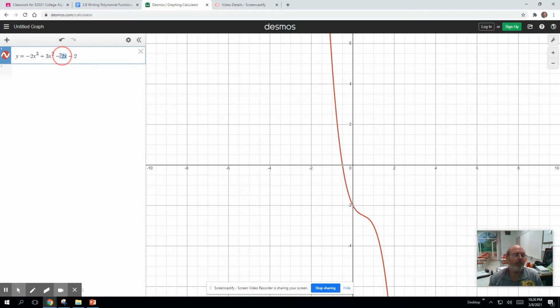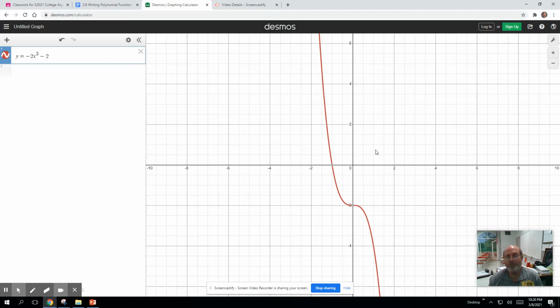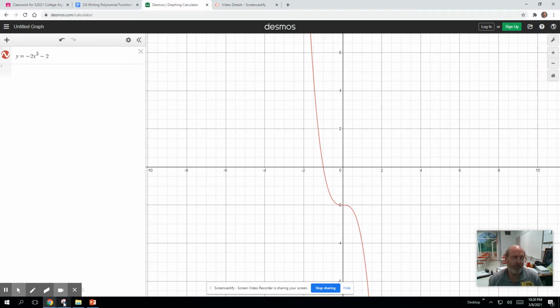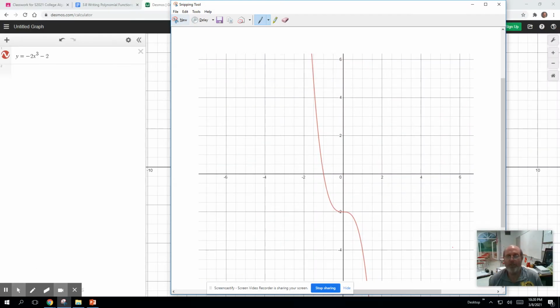And if we just take a couple of these terms out, to simplify this a little bit, still the same negative leading coefficient and odd degree gives us an end behavior where as x goes to negative infinity, y's are going to positive infinity. As x goes to positive infinity, y's are going to negative infinity. So we take and pull this graph out, and if we want to write the end behavior, again, we consider as x goes to negative infinity.